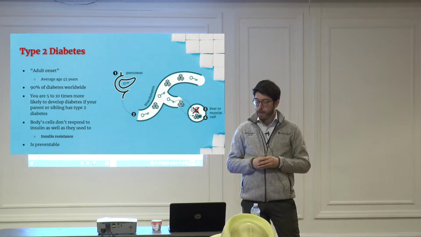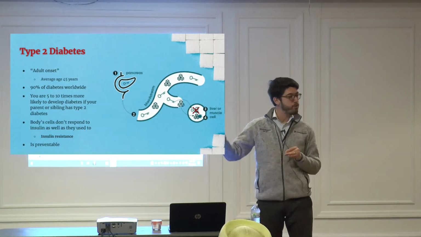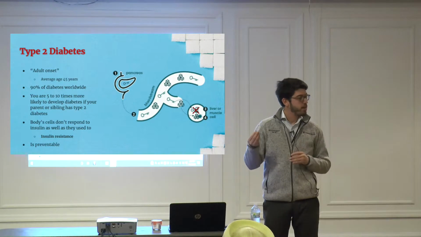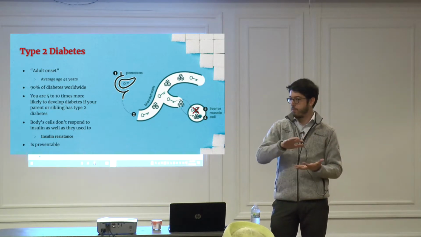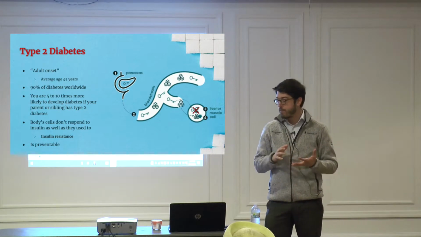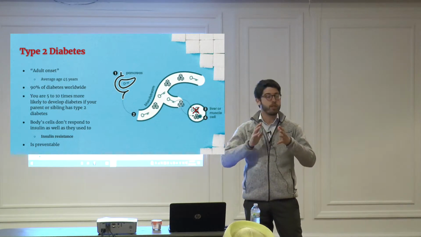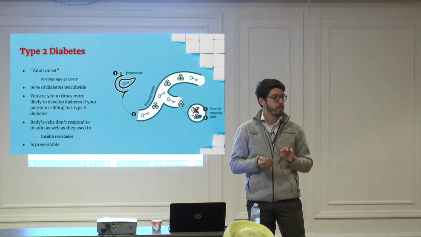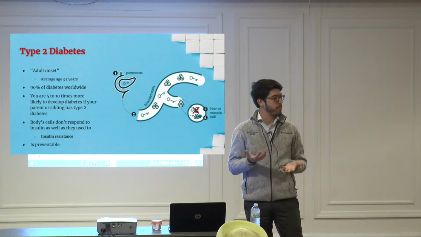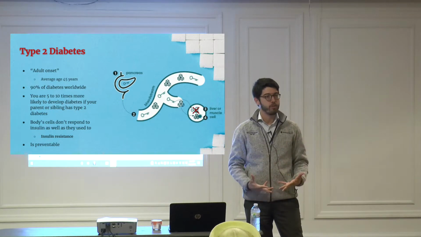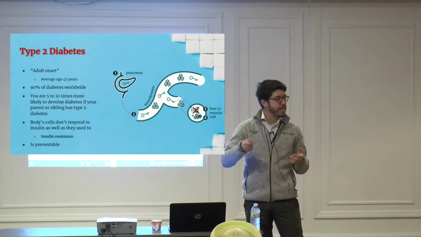And the problem in type 2 diabetes is a little different. So in type 1 diabetes, remember, it was the body's not making enough insulin. In type 2 diabetes, the problem is that the body isn't using the insulin as well. There's a concept that we like to talk about called insulin resistance, which means that your body's cells, the lock and key isn't working as well.